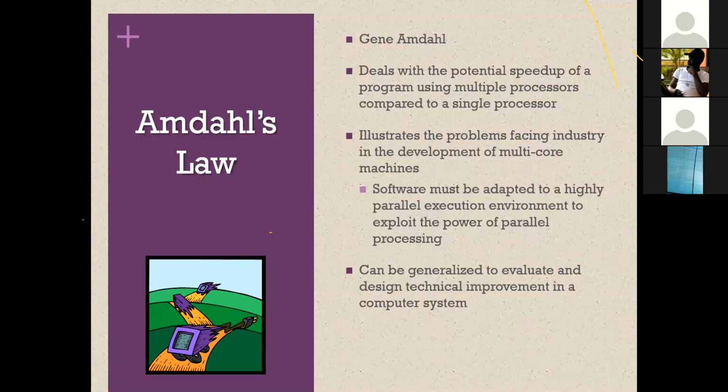As you can see, we started with just 2, increased it to 4, 8, 16, and so on and so forth. And so the software that runs on such machines must be adapted to a highly parallel execution environment in order to be able to exploit the power of the parallel processing. Again, Amdahl's law can be generalized to evaluate any design or technical improvement in a computer system.